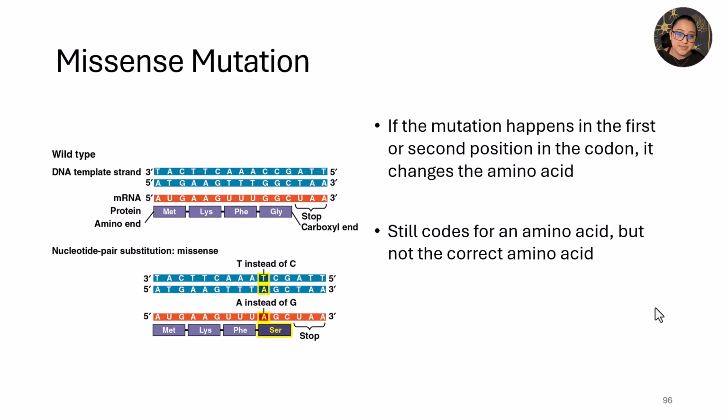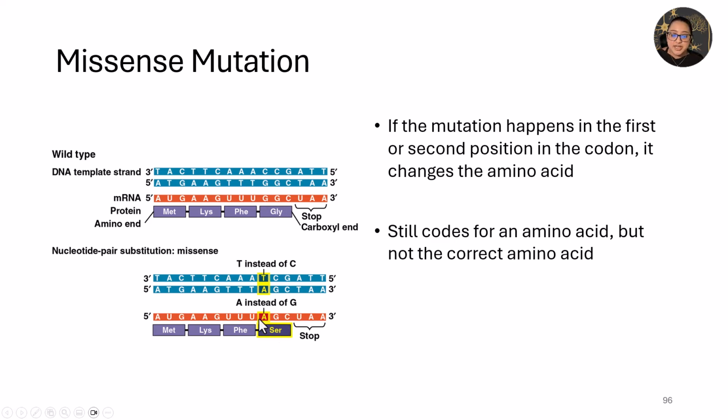A missense mutation is when it happens somewhere else. So if the mutation was earlier, in the first or second nucleotide in the codon, it would more likely lead to a different amino acid outcome. So if the mutation happens in the first or second position, it changes the amino acid. Again, in this case, the mRNA is supposed to read GGC.